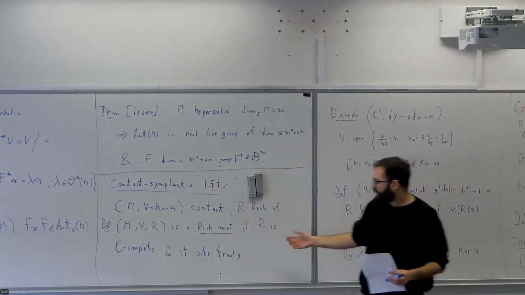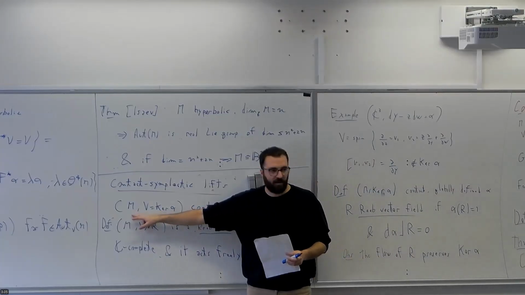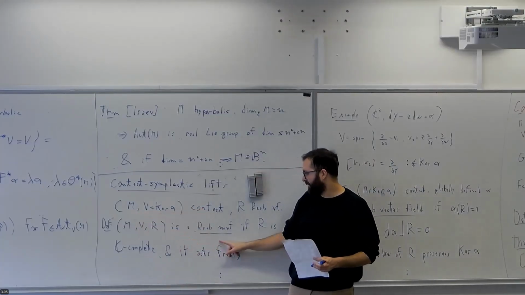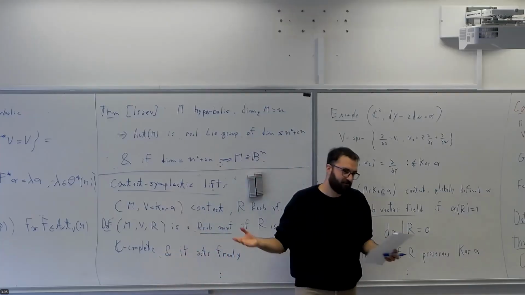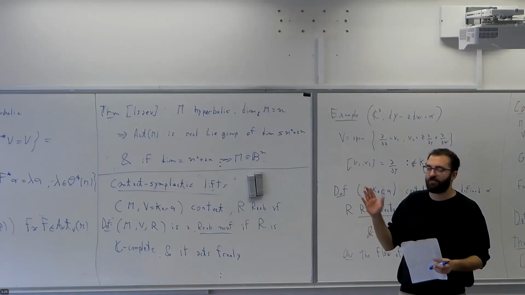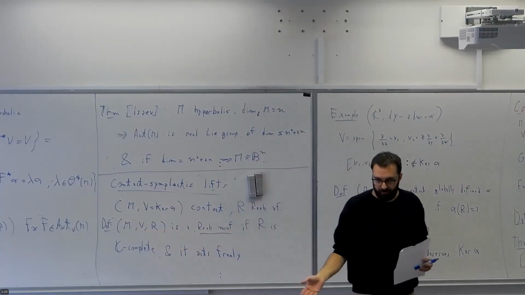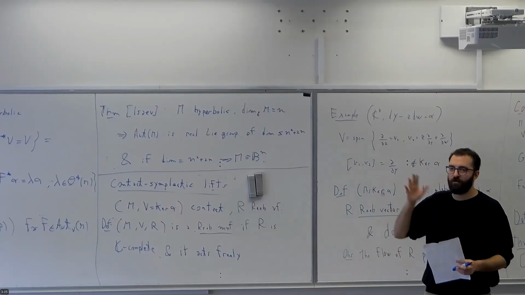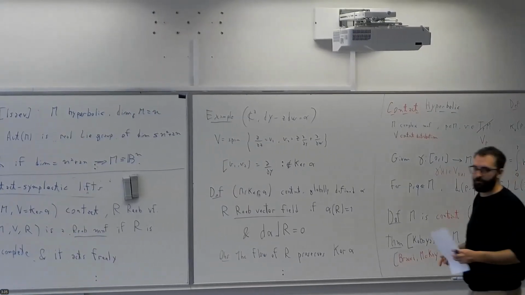So this is a way to say that the manifold M is not hyperbolic. Because if you have a vector field which is C-complete and not zero, then you have copies of C inside. So the transverse direction to the vector field contains many copies of C, and so it's not hyperbolic.